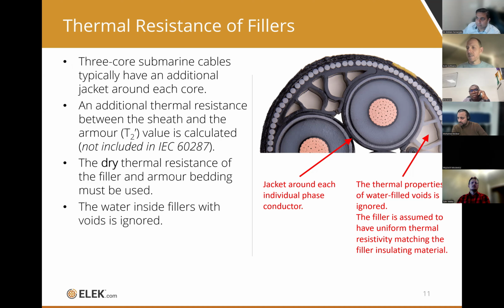Now, when the cable is dry outside of the water, those gaps are filled with air. When they're in the water, they're filled with water. But typically for the modeling to IEC 60287, those air gaps or the water gaps are ignored or assumed to be actually insulation.